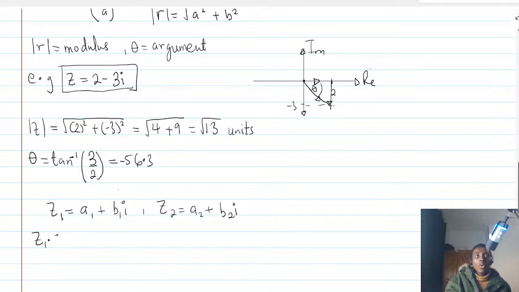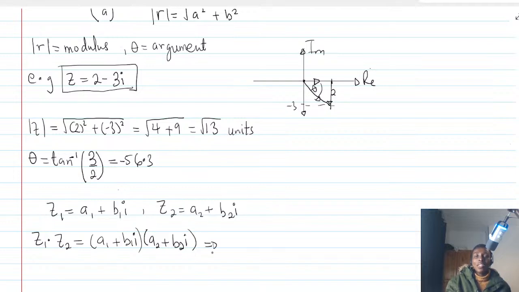It's going to be z1 multiplied by z2, which is a1 plus b1i multiplied by a2 plus b2i. Is that right?